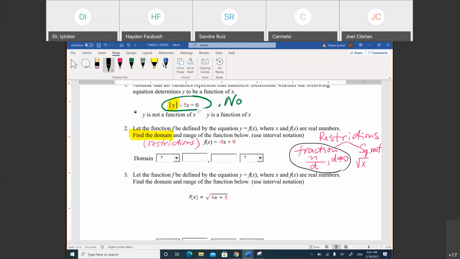That's right. Good job. Square root of a negative is not real. So when you have square root of x, x has to be greater than or equal to 0, because it has to be positive. Okay? Everybody understand that?